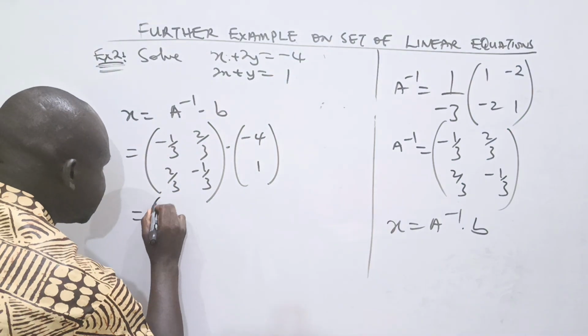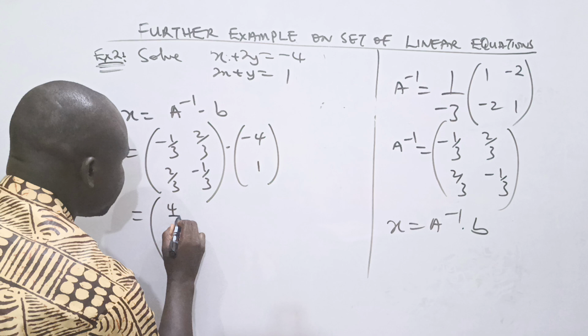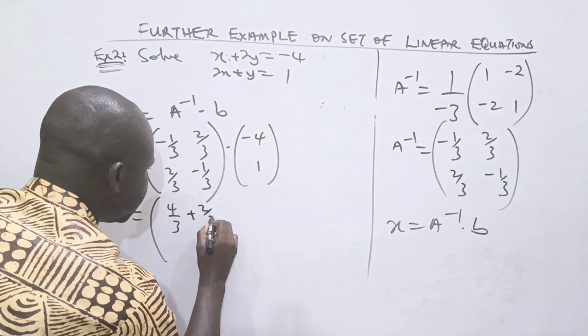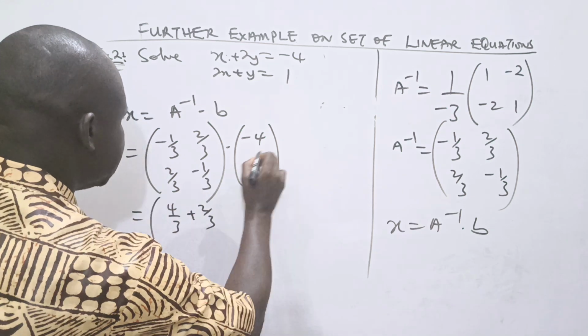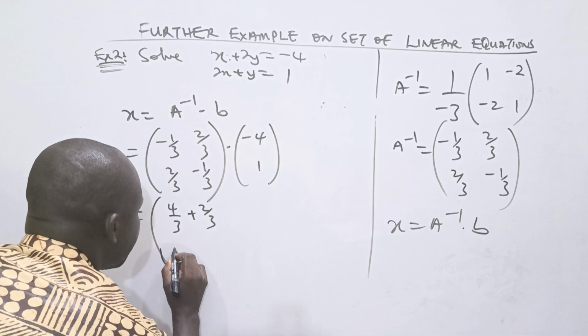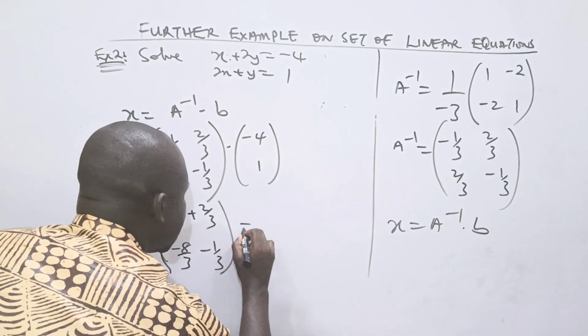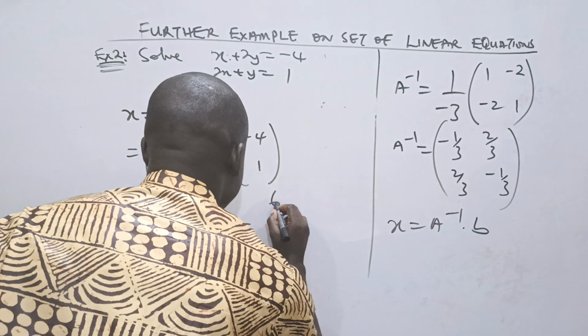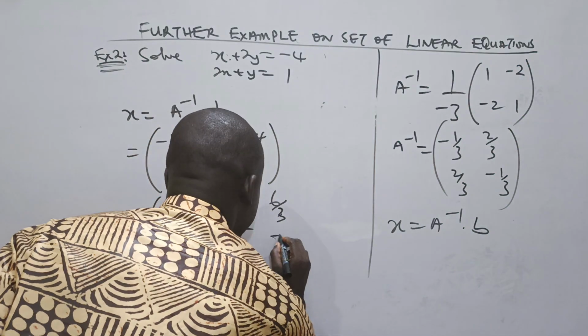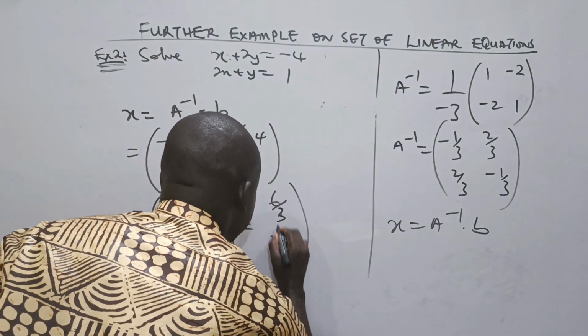If we use this to multiply this, at the end of the day, we are going to have 4 over 3 plus 2 over 3. That's what we are going to get there. Then the denominator, when we multiply, we are going to have minus 8 over 3 minus 1 over 3. That's what we are going to get. Then at the end of the day, this will give us 6 over 3 over minus 9 over 3.